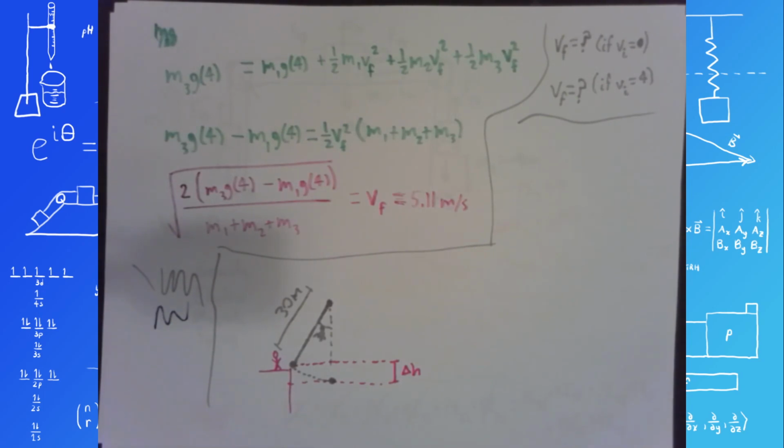And a lot of students have trouble figuring out how we're supposed to get that change in height. Once you can get it, you can just use conservation of energy. You can get the change in his potential energy, and from there get the change in his kinetic energy. So the real difficulty with this problem is not from the physics aspect of it, it's from the geometry. As a lot of the electromagnetism students would know, geometry is super important in physics.